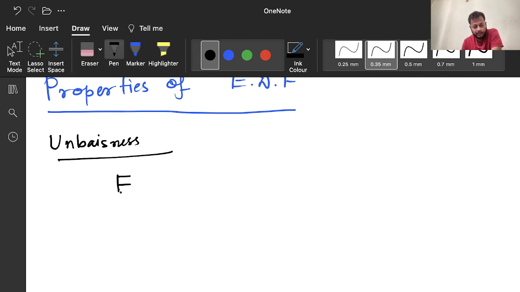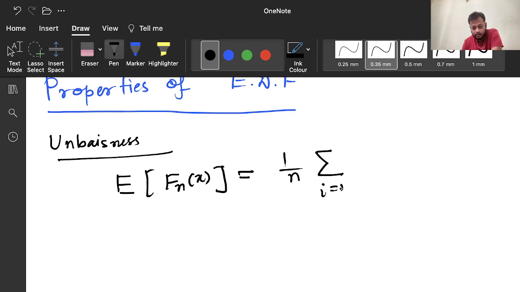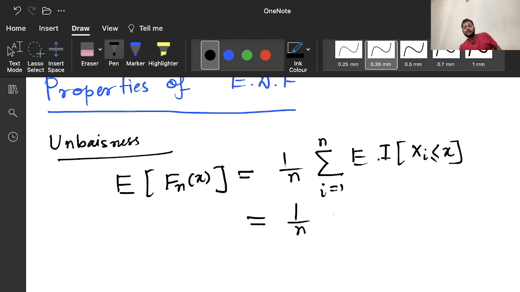So we'll see the expectation of F_n(x) is 1 by n summation i equal to 1 to n, expectation of I(X_i less than small x), and that is nothing but 1 by n times the expectation of that I(X_i less than x).